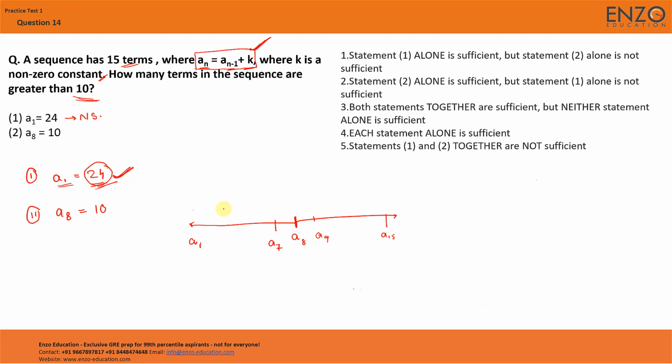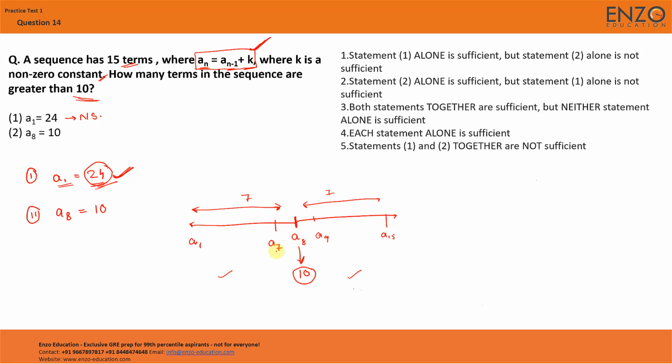So 7 numbers before a_8, 7 numbers after a_8. Now the value of a_8 is 10. In both cases, whether this is an increasing AP or a decreasing AP, the numbers less than 10 would be 7 and the numbers more than 10 would be 7.